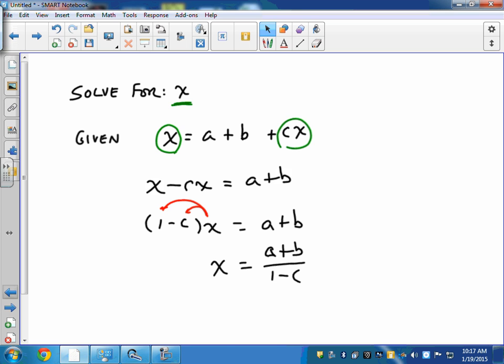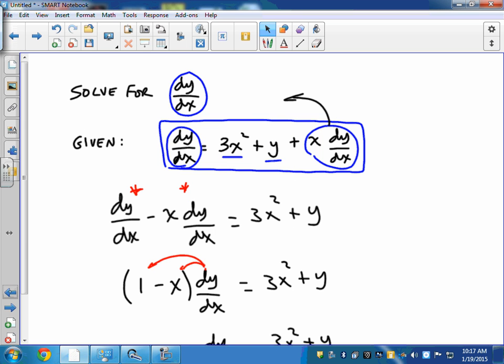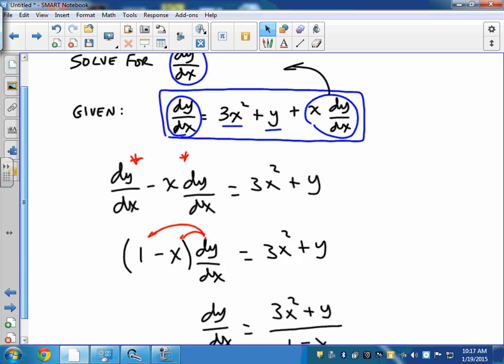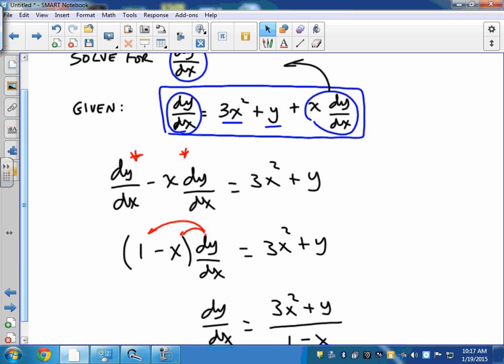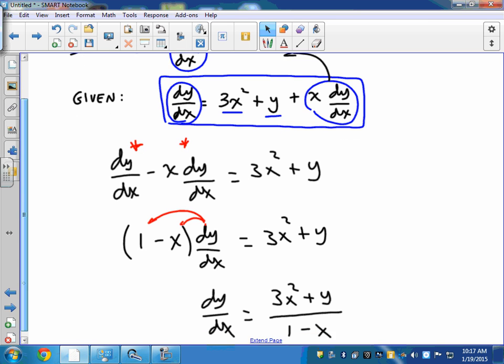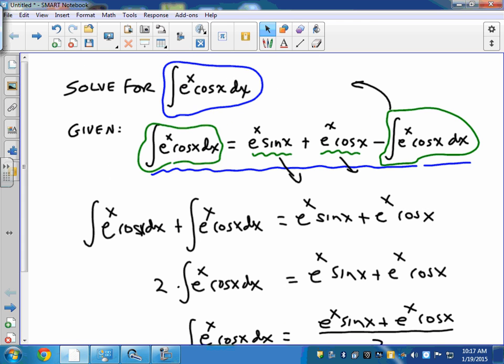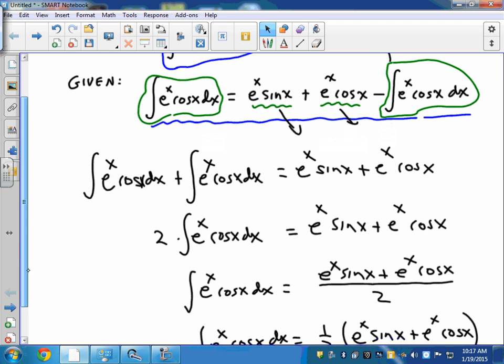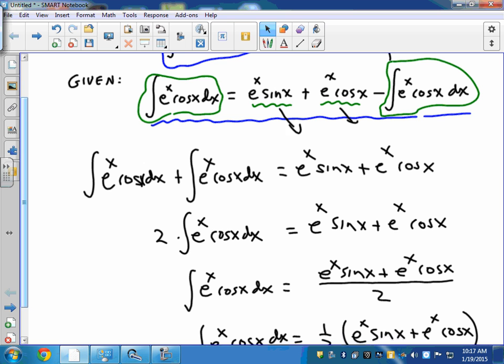Move, factor, divide. Here was one that was an application of implicit differentiation, but again, move, factor, divide. And lastly, an application from integration by parts, move, factor, divide. The fact that you have no clue what this means has nothing to do with the method of solution.